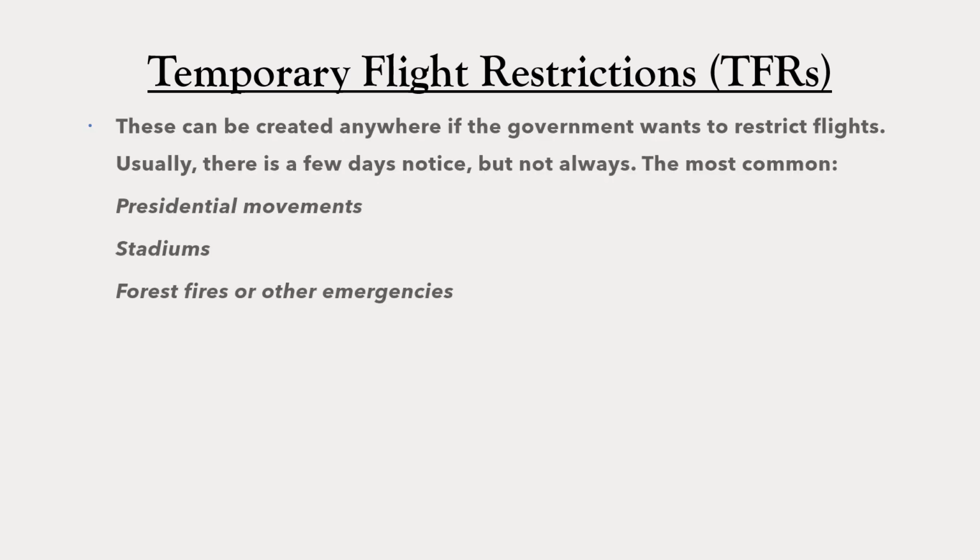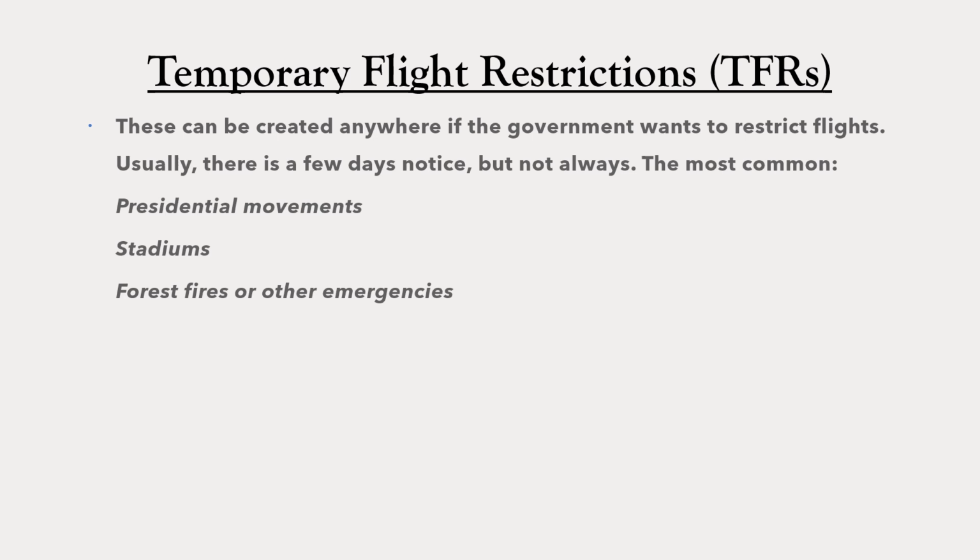Now, something that's started to happen a whole lot since 9/11 of 2001 is temporary flight restrictions. They've become fairly common. So this is a flight restriction that comes up because there's some reason that the government wants to keep people from flying in a particular area for some length of time.